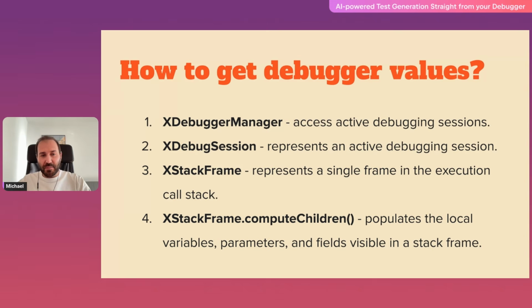The next step is you have access to your stack frame, and you can see your call stack, and then you can compute children, which means populating the values from the current debugging session. So you can use it as context for the prompt. You can take the real values from the methods you use, and take the call stack and use it as text in the prompt that you send to your LLM.